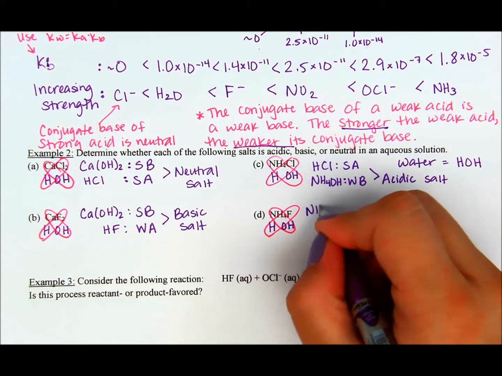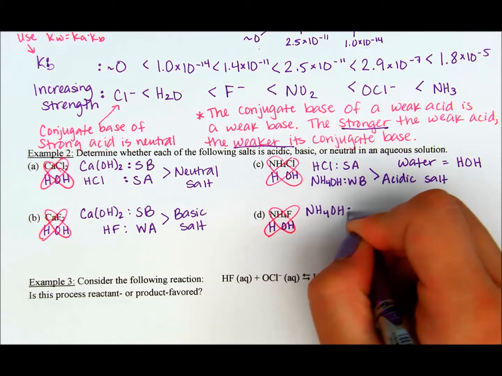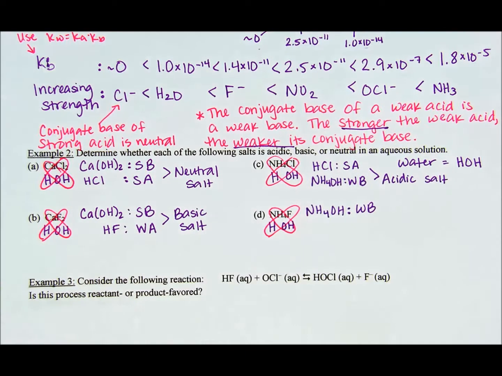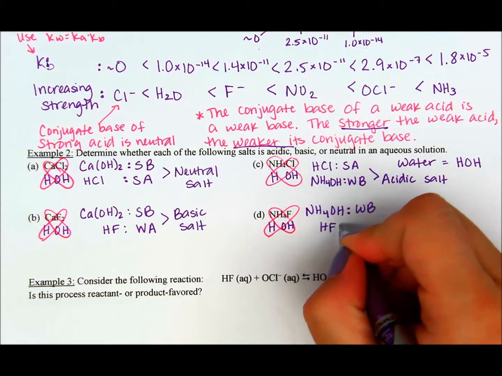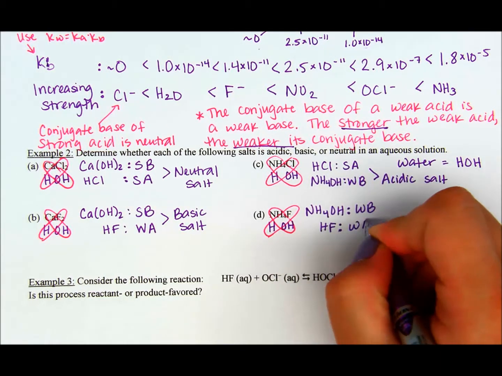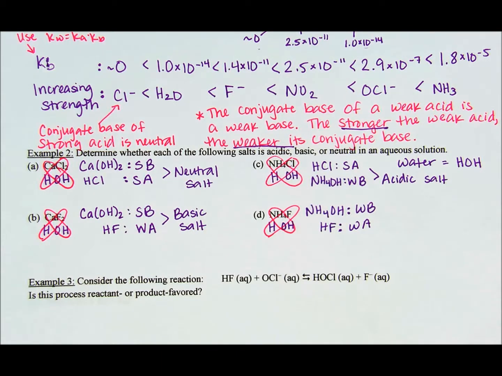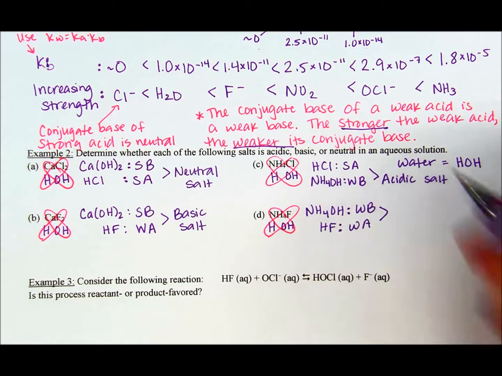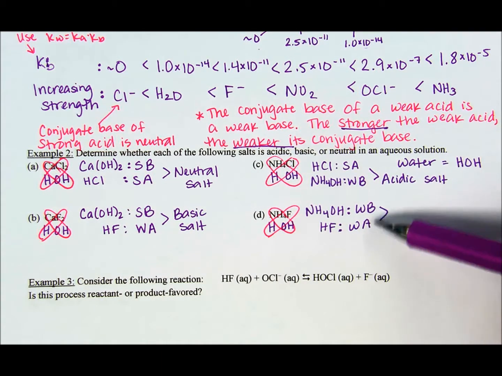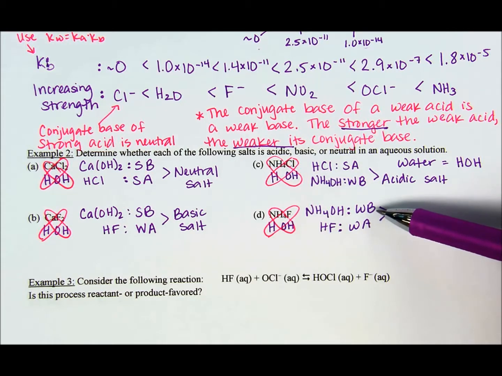So we have NH4OH. That's a weak base. And HF, which is, as we know, a weak acid. So, how do we tell if this is acidic or basic? Well, which one of these is stronger? You can't tell unless you compare their Kas, or Kb if it's a base.